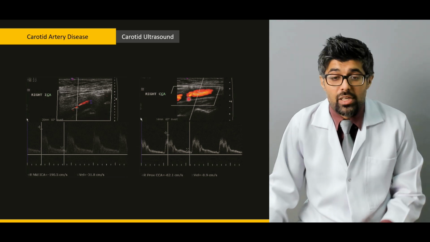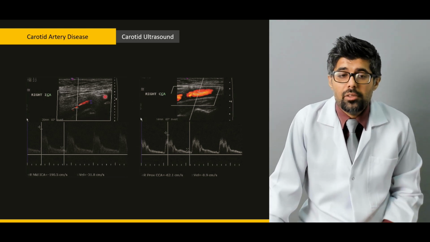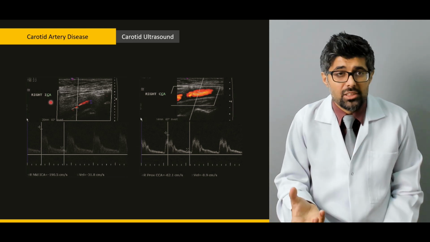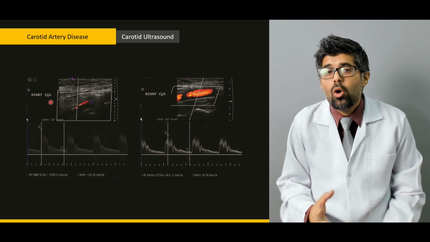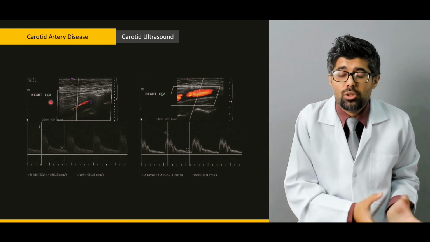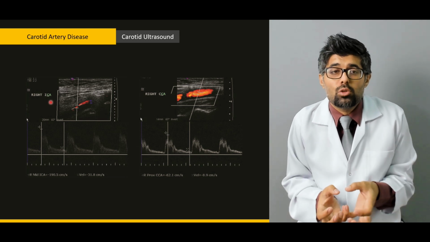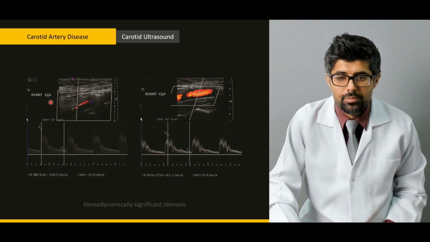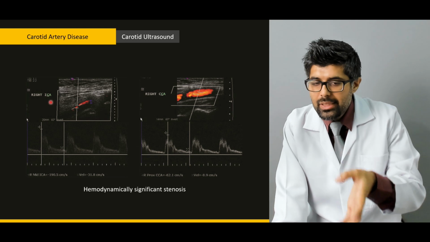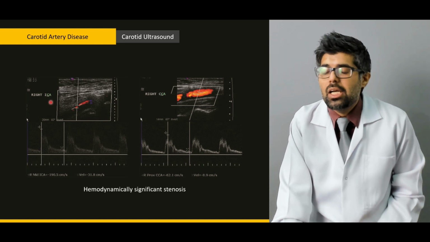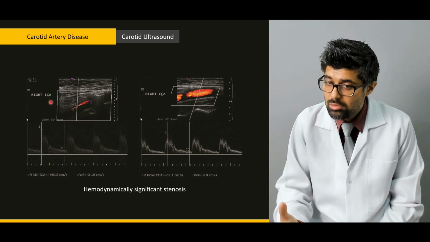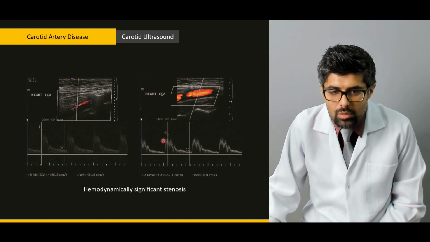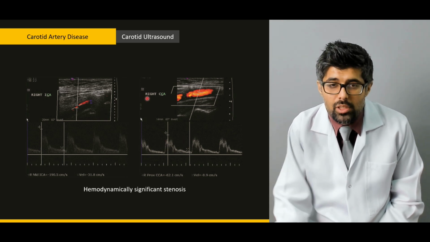Because of this, we can deduce that the internal carotid artery is either stenosed, or there is some mass that is pressing it, or there is some kind of atherosclerotic plaque inside it which is causing it to have a narrow lumen or stenosis. Now, this particular stenosis is hemodynamically significant because we can appreciate the blood pressures in both the arteries.